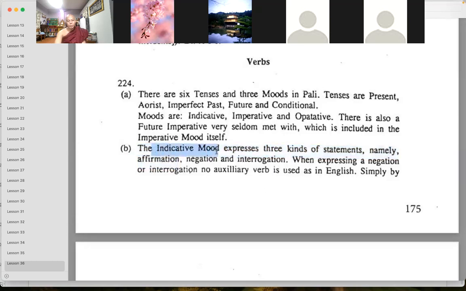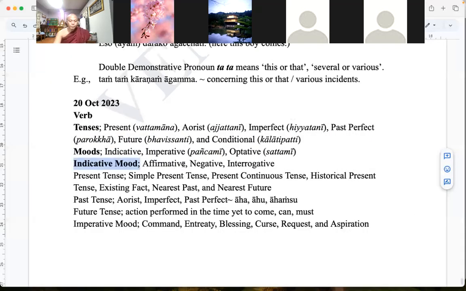So the indicative mood expresses 3 kinds of statements: affirmative statements, negative statements, or interrogative statements.